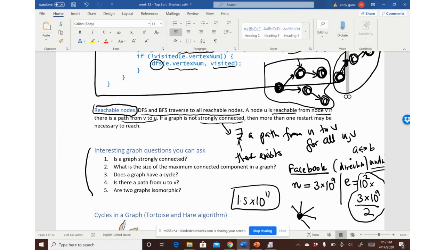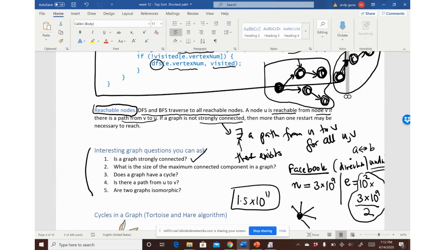Now, when you have a graph like Facebook, you ask the question: is Facebook strongly connected? Strongly connected means that you can find a friendship path from one person to any other person in the world. Most likely not, but they talk about the degrees of separation.